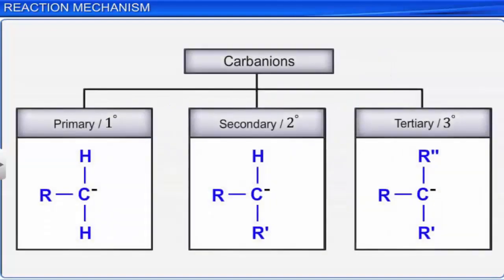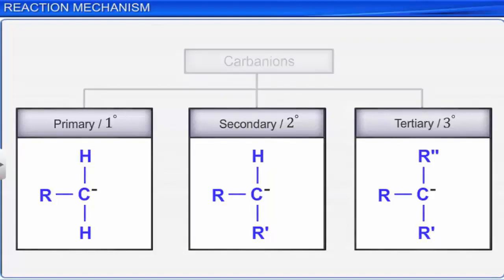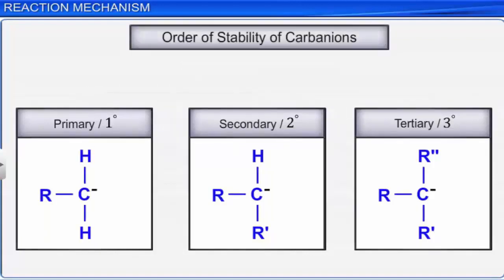Carbanions also are classified as primary, secondary and tertiary carbanions, depending on the number of alkyl groups attached to the negatively charged carbon. Stability of the carbanions decreases with increasing number of alkyl groups bonded to the charge-bearing carbon atom.